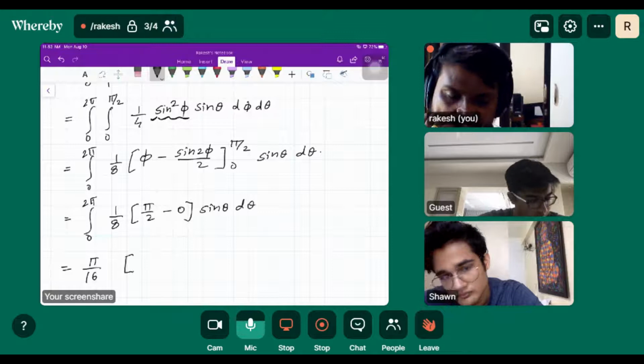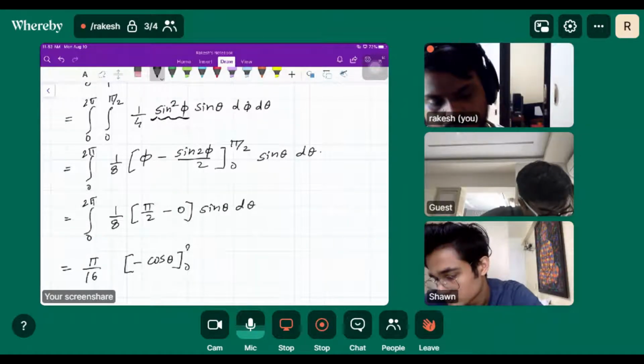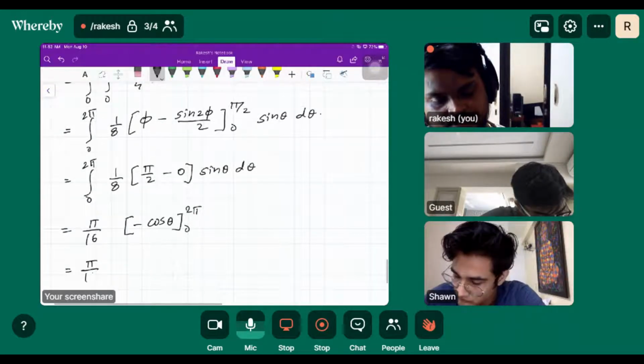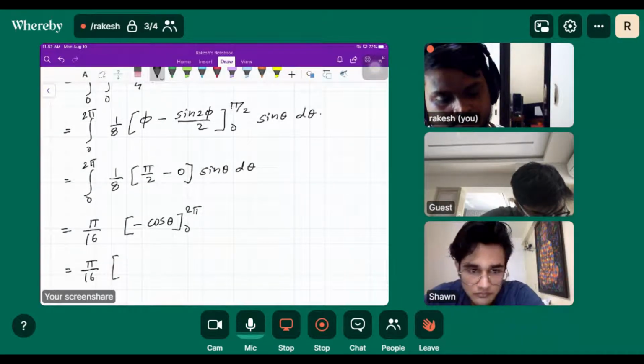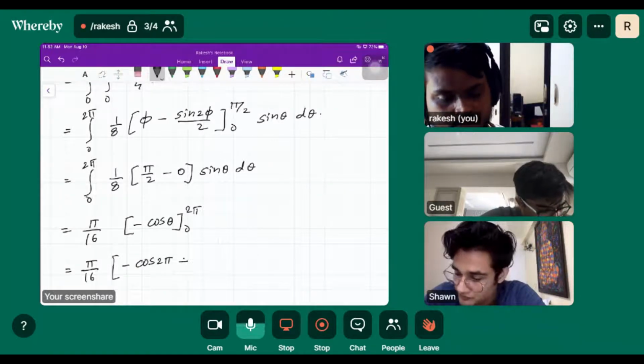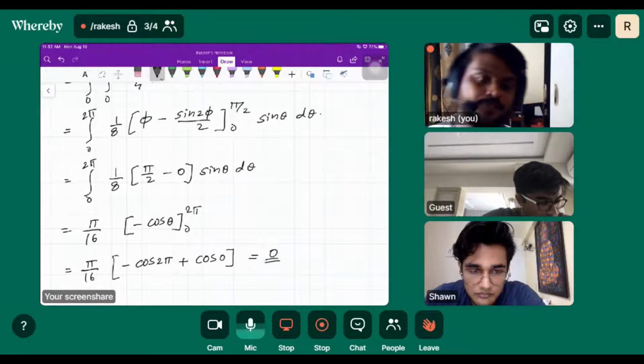The integration of sine theta is minus cos theta, 0 to 2 pi. Minus cos 2 pi minus of minus cos 0. So cos 0 minus cos 2 pi is 1 minus 1, 0.